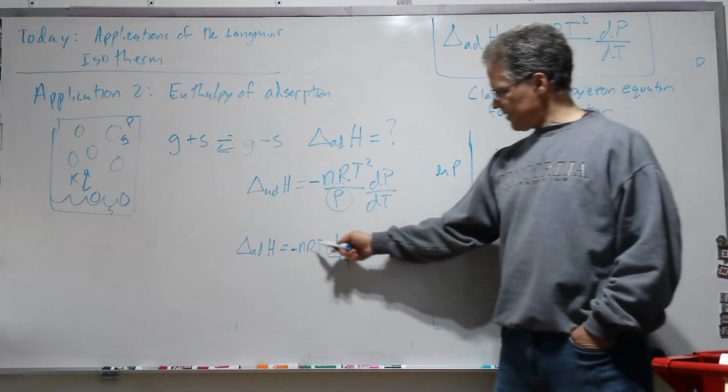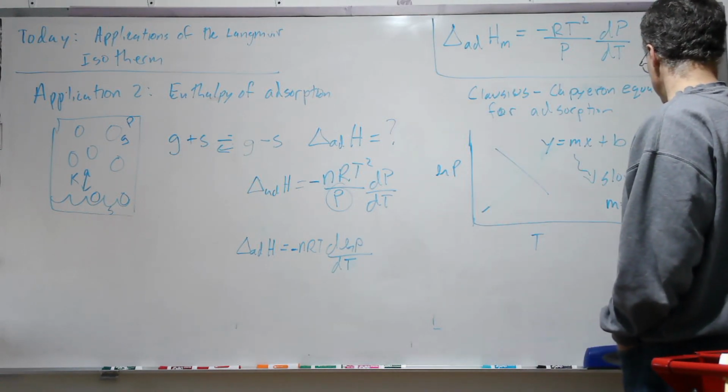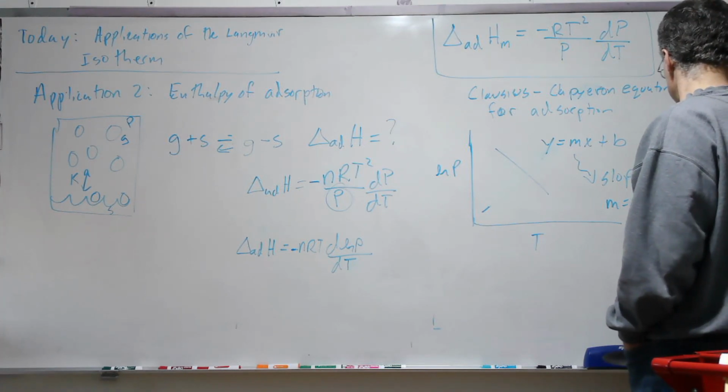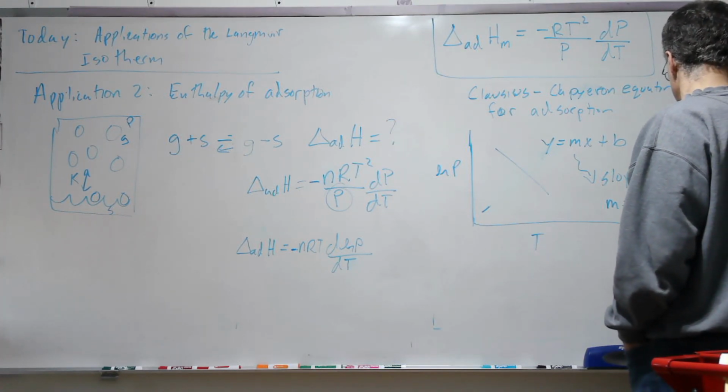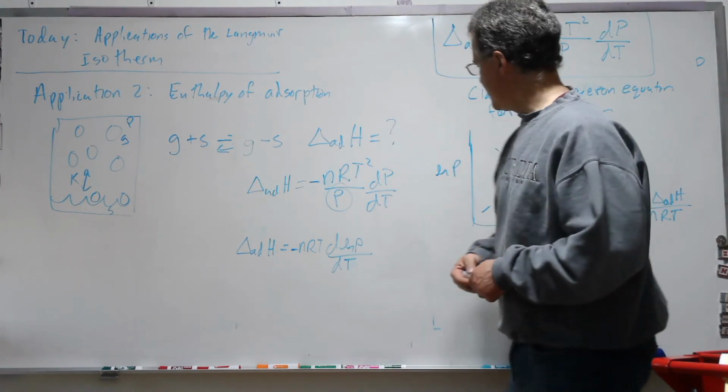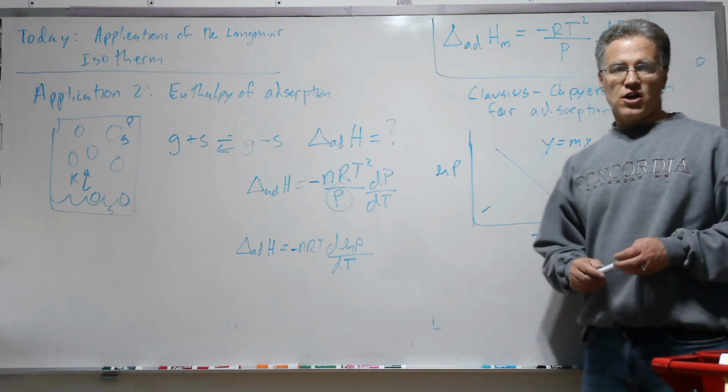So the slope of this line would be over nRT. So sometimes you'll see it this way because it linearizes that if we were to plot versus the log of the pressure.